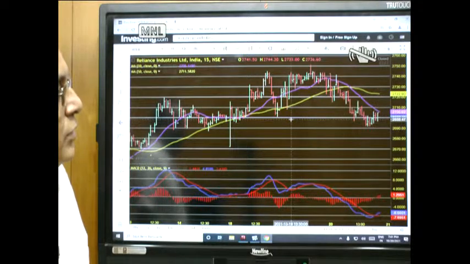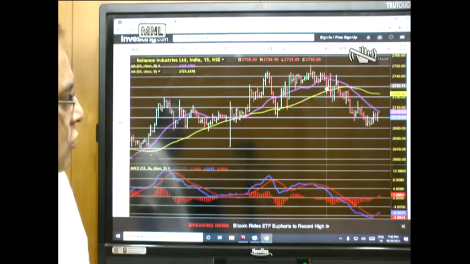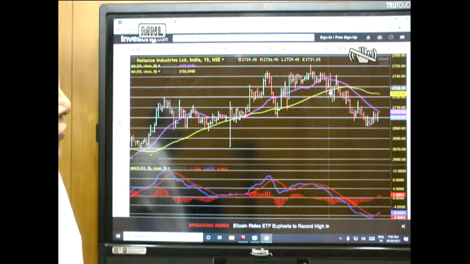And in the bar chart which I showed you before that, this low formation clearly shows that this is a low which is lower than the previous low, and this top is also a lower top. So the moment you get this, you are going to go for a short position here itself, and that short position on the 15-minute trade continues.